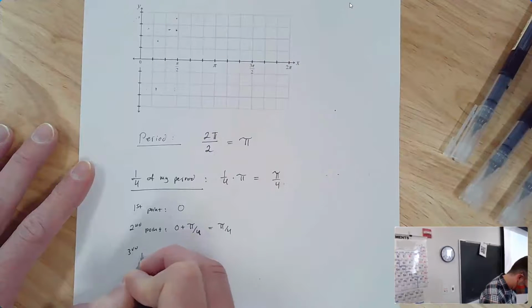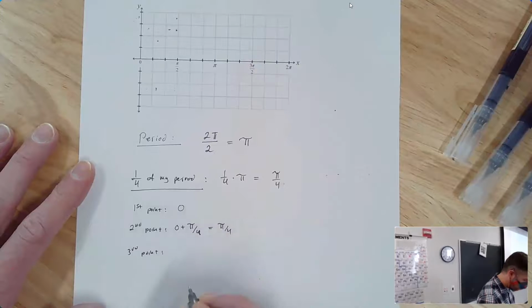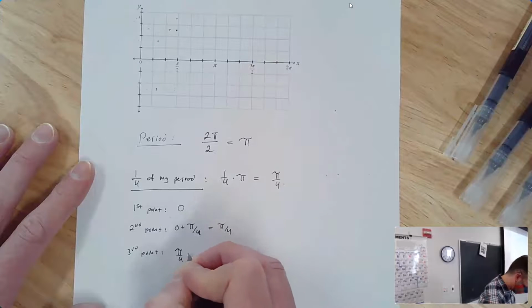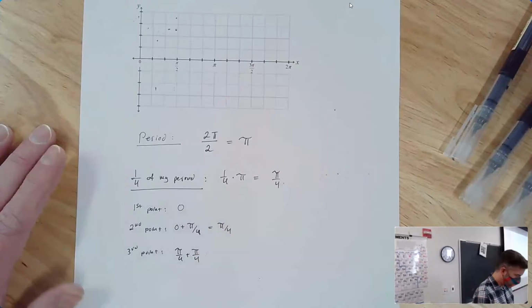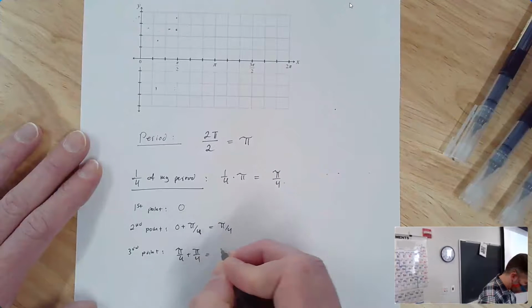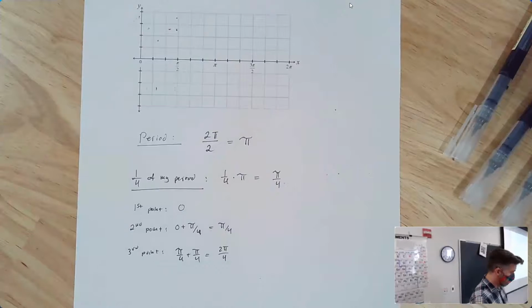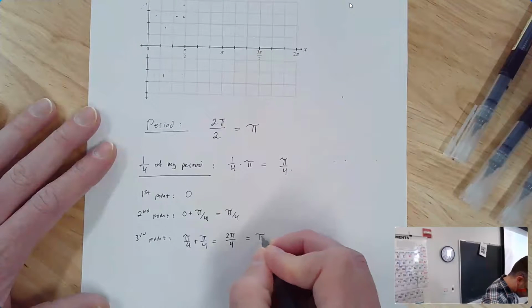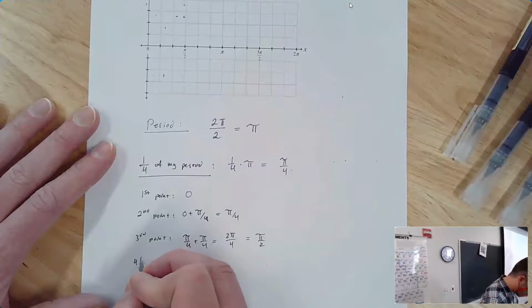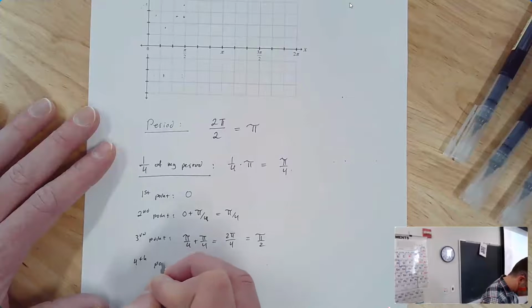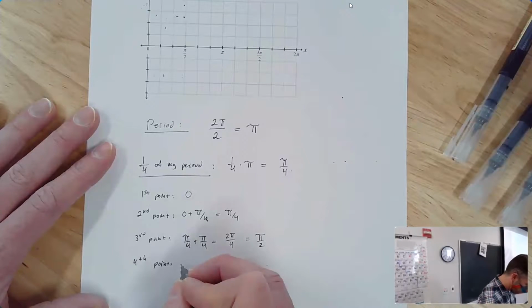My third point is a quarter of a period away, and pi over 4 plus pi over 4. You can write that. I would honestly probably not simplify it. I would leave it as 2 pi over 4, because when I find the next point, it's going to be easier to add another quarter of my period to 2 pi over 4.